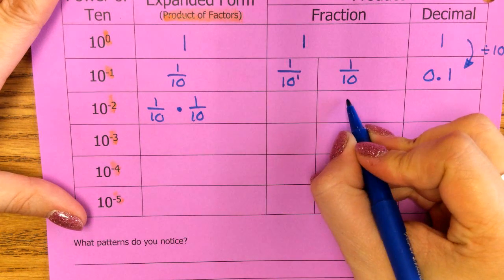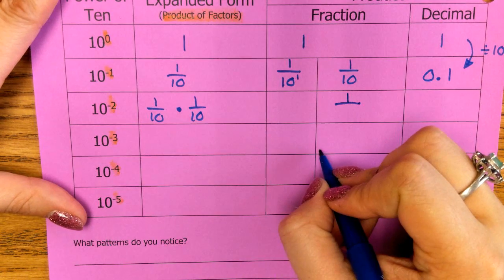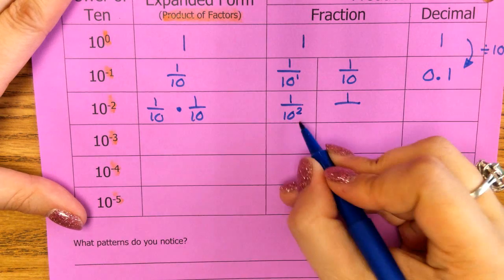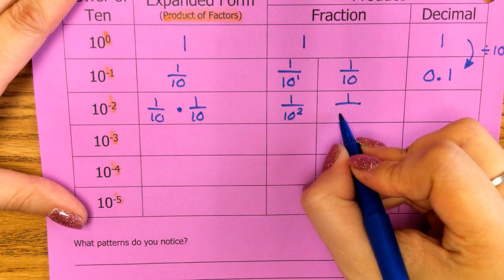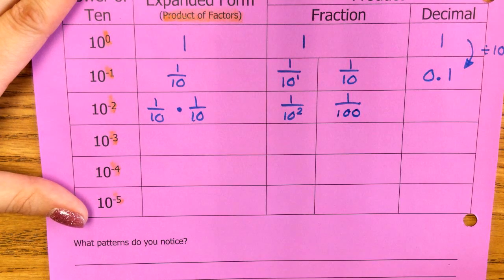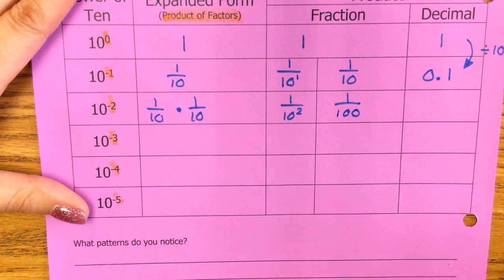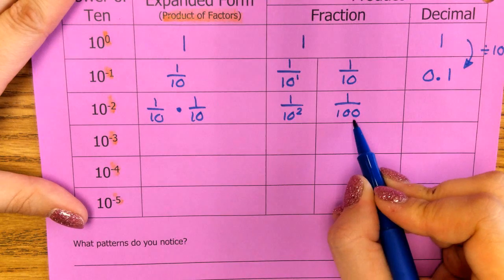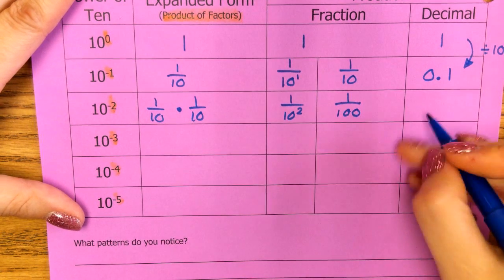So over here I have 1 over 10 to the 2nd power, positive exponent, and we know 10 to the 2nd power was 100. So you can write it as a fraction with a positive exponent or as a whole fraction, and now I would need 1/100th.